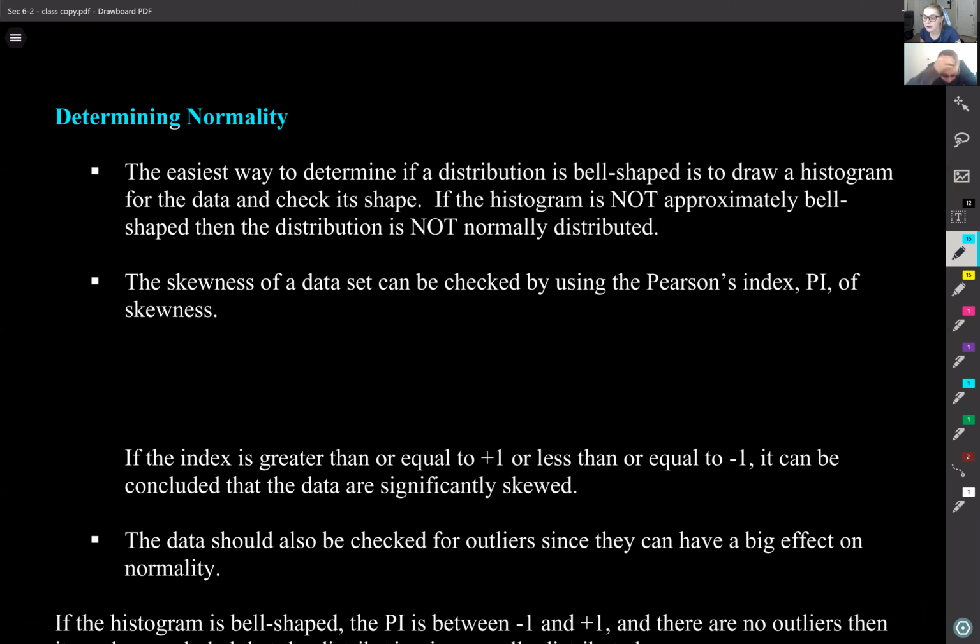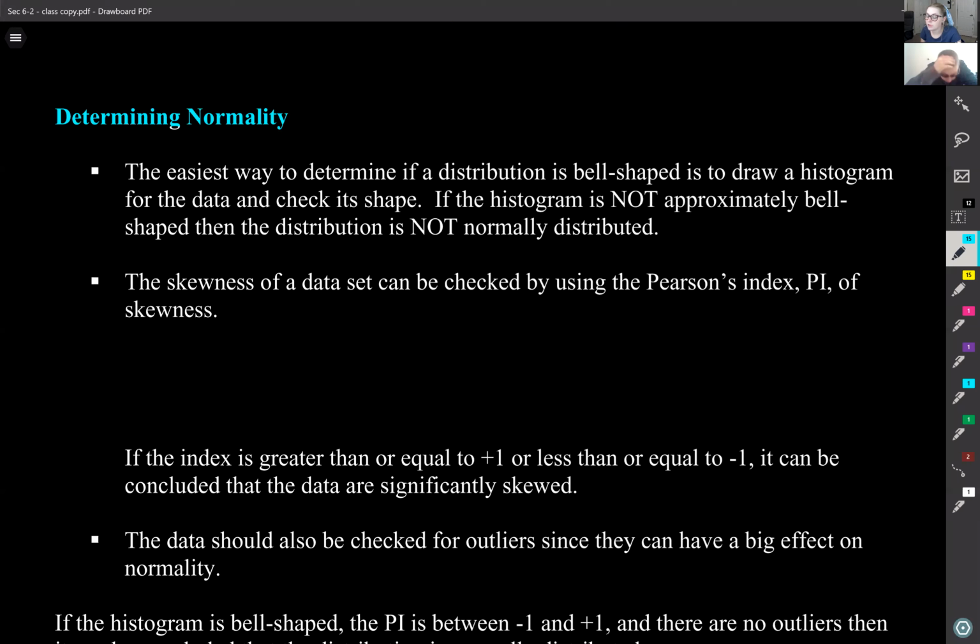We talked about this maybe 2 weeks ago where we said, if you draw a histogram and it has that bell shape, you can say, hey, maybe that's normal. So we're just bringing that up again. If the histogram is not approximately bell-shaped, then the distribution is not normally distributed. So if you ever draw a histogram and you don't get a bell shape, you know it's not normal.